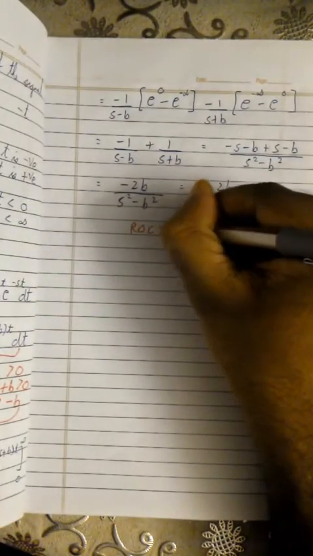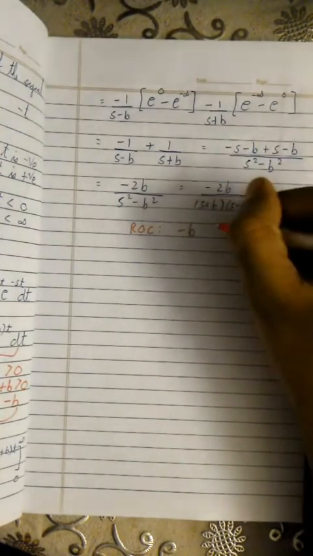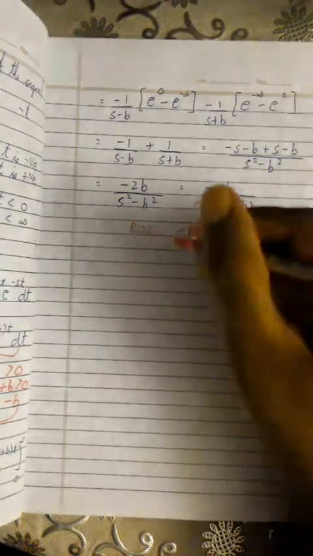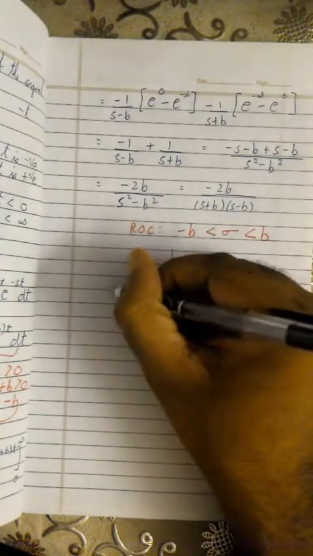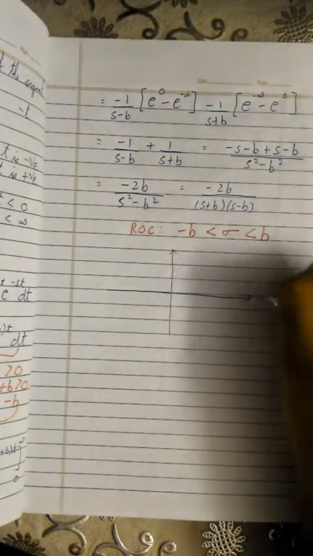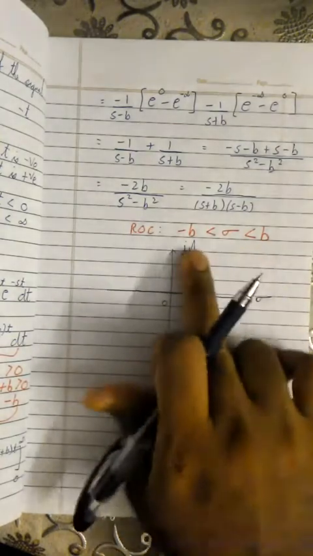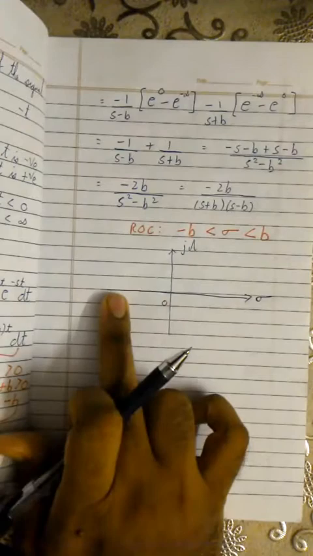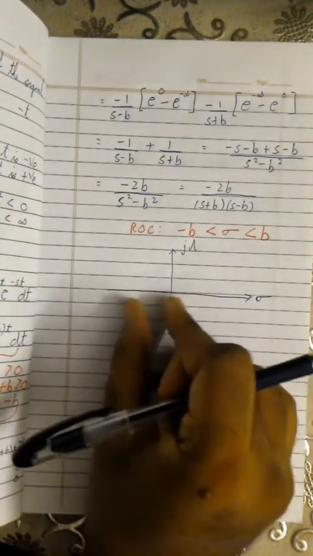And your ROC is defined as minus b less than sigma less than b. So now I'm going to draw the ROC over here. Sigma, j omega. Okay, so now the ROC is between minus b to plus b. That means minus b is somewhere in the negative axis and plus b is somewhere in the positive axis, and the distance must be same because the value is the same.